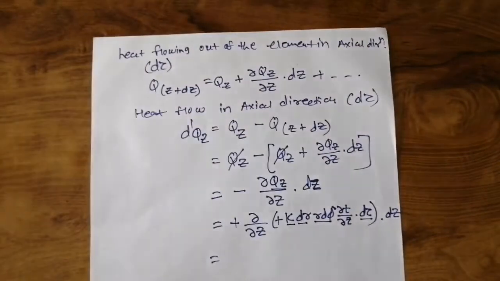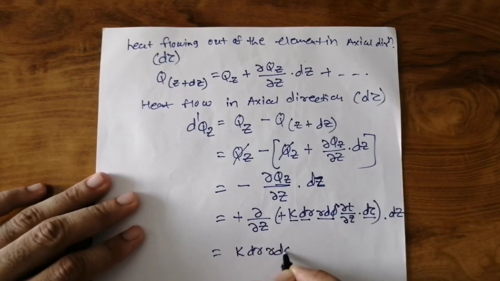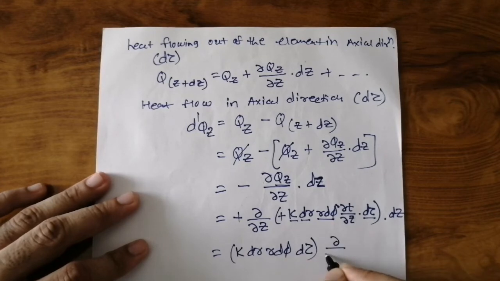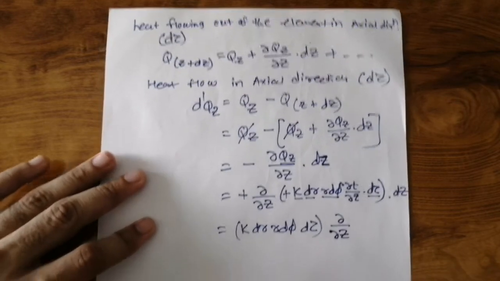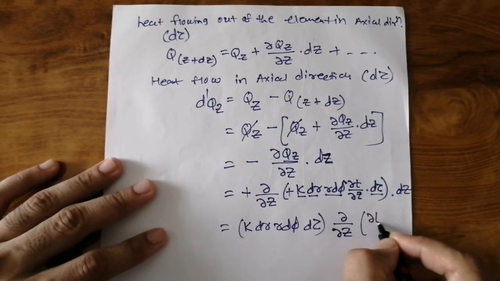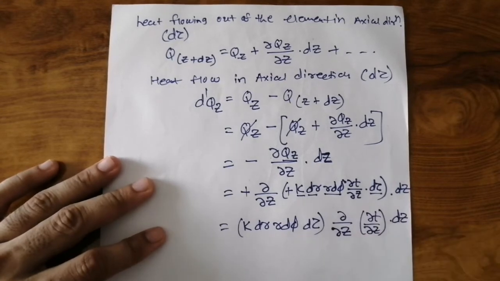We are just taking the outside, so it will be k dr r d phi, then after d tau, this constant term will be taken outside, so remaining will be del by del z. Inside the bracket will be del T by del z, and outside is dz.